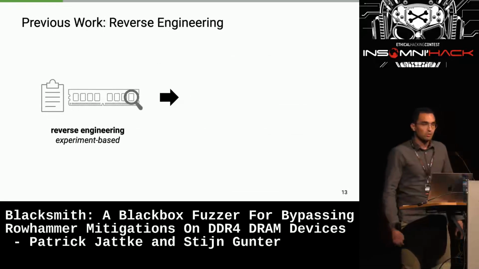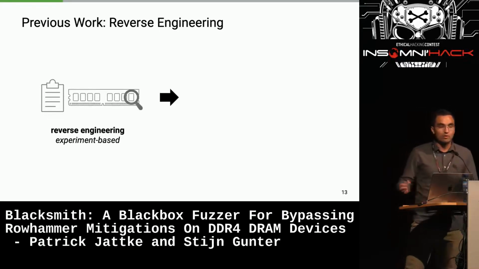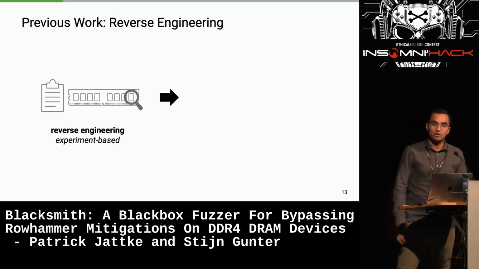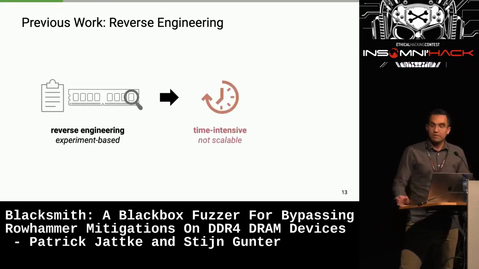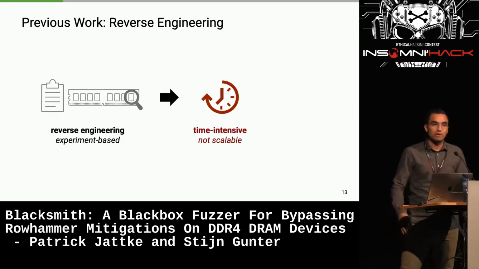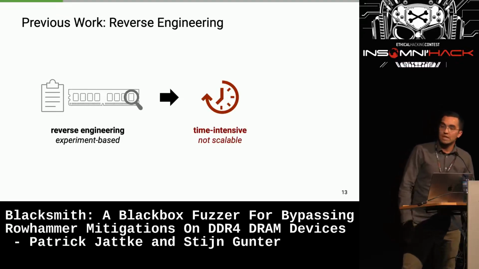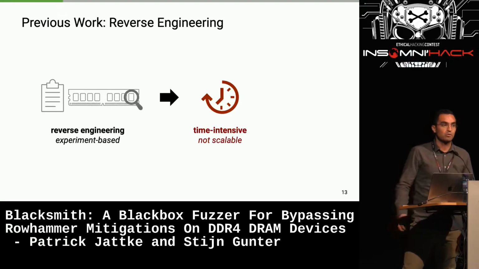The typical approach used by previous work is reverse engineering, to understand how the deployed mitigation works in order to mount a Rowhammer attack. The problem with this approach is that it is very time intensive. Usually you design experiments to figure out certain properties of the mitigation, and this makes the approach not scalable if you want to look at many different devices.